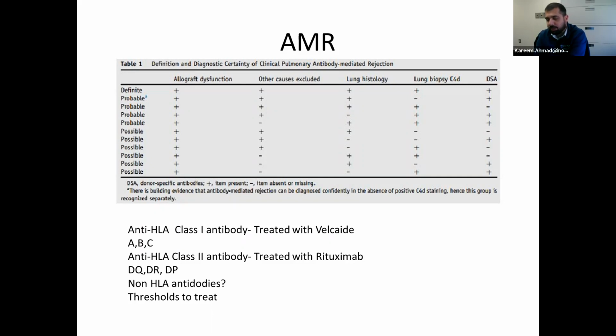And then there's a question of when do you treat when there's a donor-specific antibody? Should you preemptively treat, or should you wait till you have diagnostic certainty of antibody-mediated rejection by the presence of these multiple aspects in this table above?